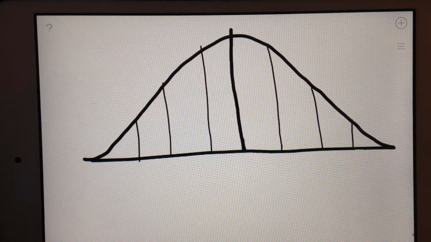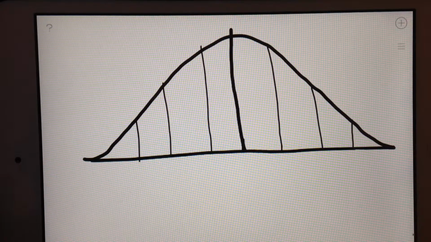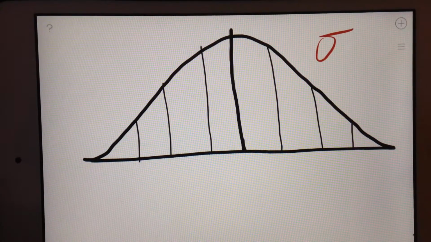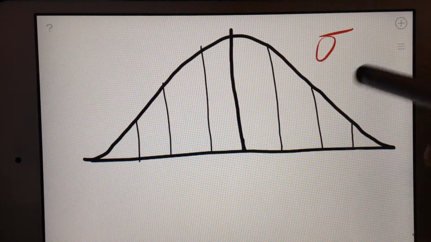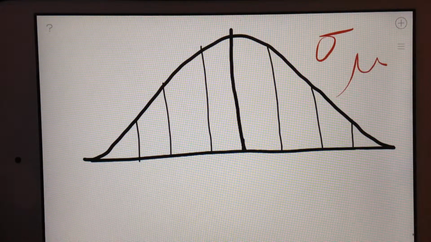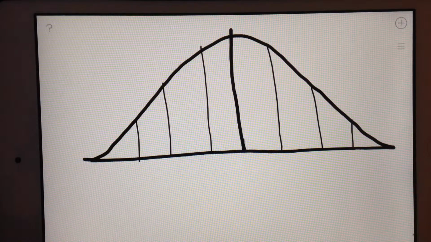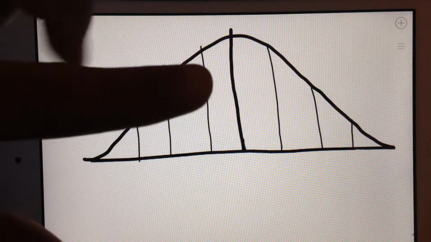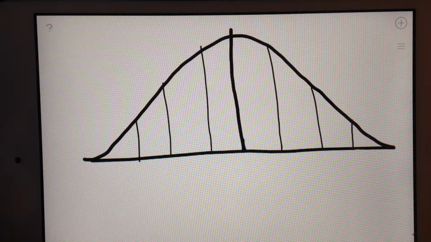And so this symbol is the standard deviation, and this symbol is mu, meaning the mean. And so this is the normal distribution curve, and it looks like a bell curve.